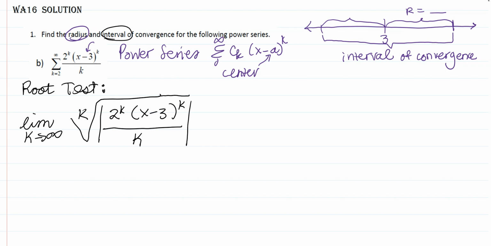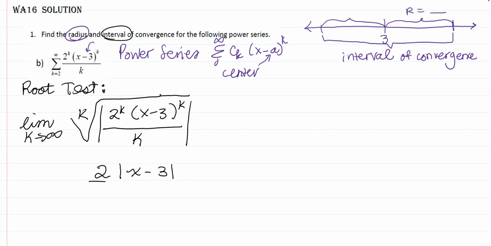All right, so looking at this here, the kth root and the k exponent are going to undo each other. I will have 2. And then (x minus 3) to the k power, root undoes power, but we don't know what sort of value x minus 3 is, so it's going to equal the absolute value of x minus 3.